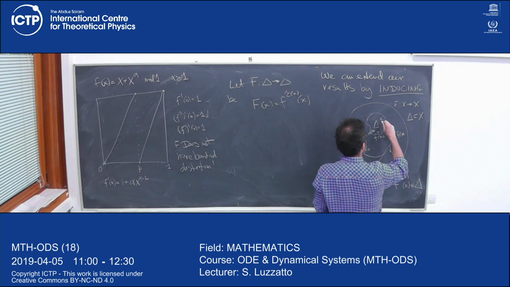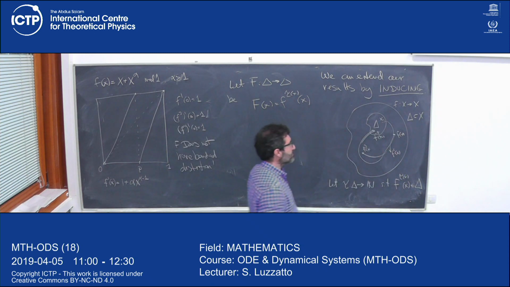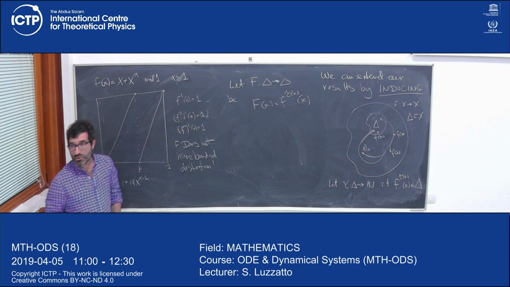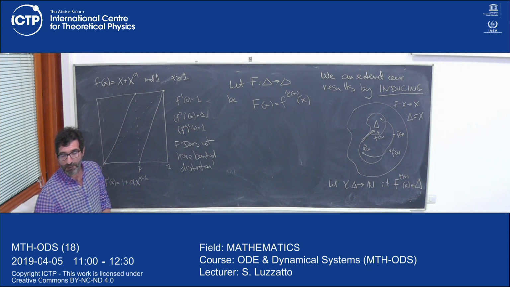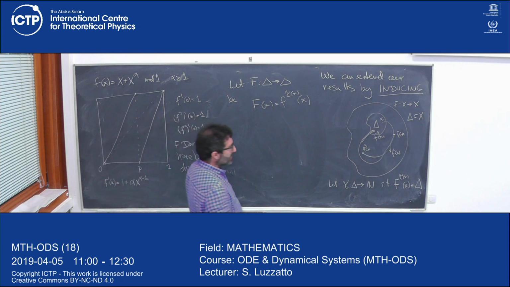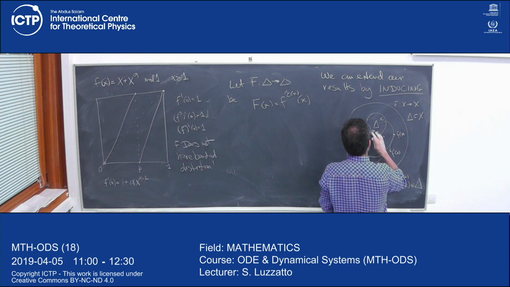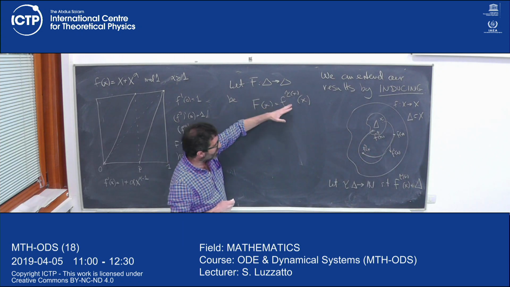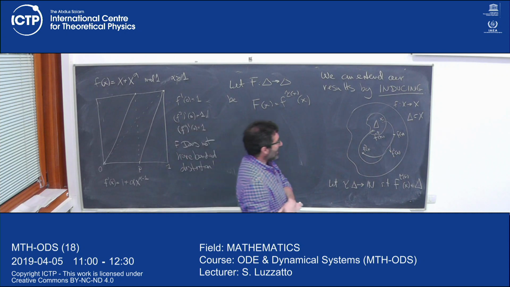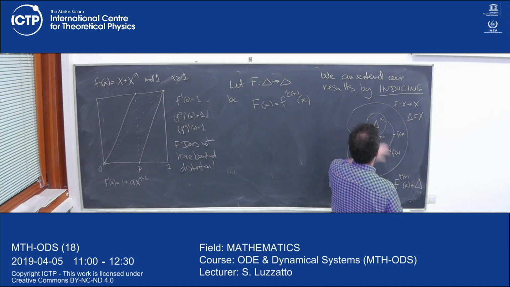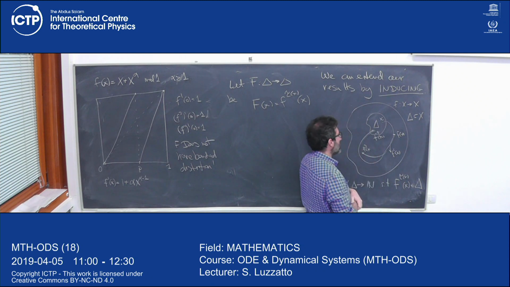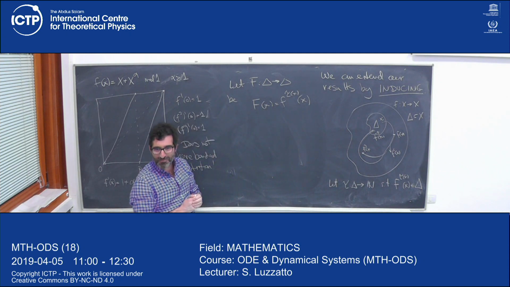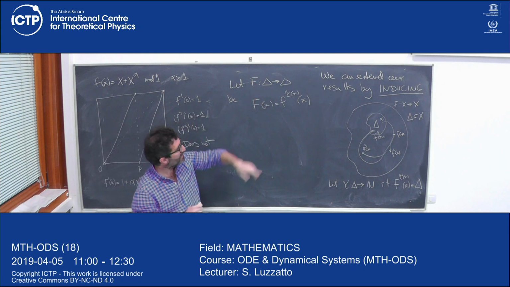So now I'm defining a map from Delta to itself using this return time function. This seems like a very elementary thing, and it's very natural. And it turns out that sometimes this map is much better than the original map. So maybe I can say some things about this map from Delta to Delta. For example, maybe this map is uniformly expanding with bounded distortion and full branches, even though the original map is not.